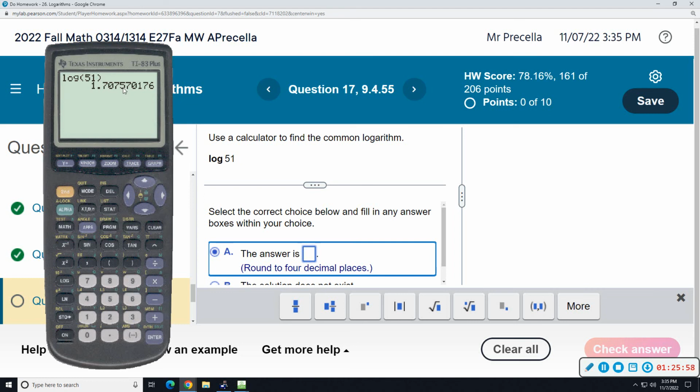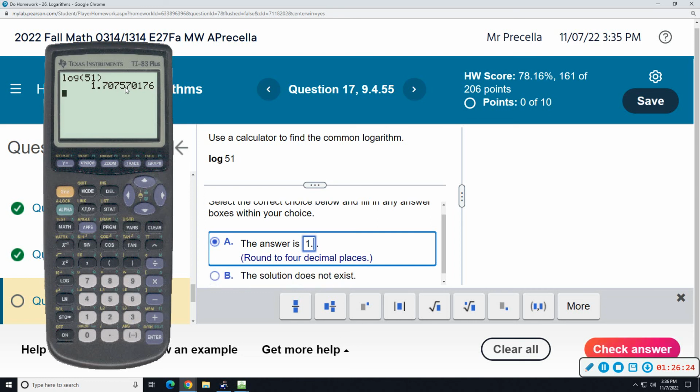If it's going to be 4 decimal places, will I leave that as a 5 or make it a 6? Y'all remember the rules for rounding? Yeah, you make it a 6. You look at the next digit, and if the digit is 5 or bigger, you round it up. If it were 4 or smaller, you would just drop all of that. But since we have a 7 there, it's going to be 1.7076.